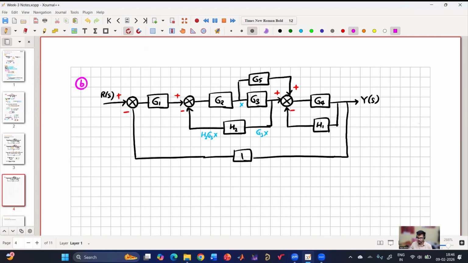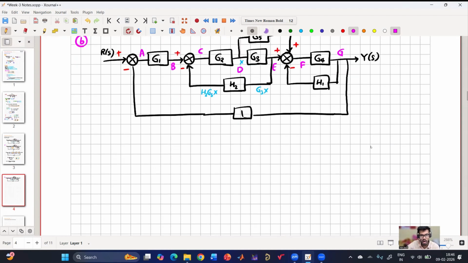So now let us assume this is A, this is B, this is C, this is D, this is E, this is F, and this is G. So these are the nodes that I have considered. So R of S to Y of S, these are the nodes. So let us write it.